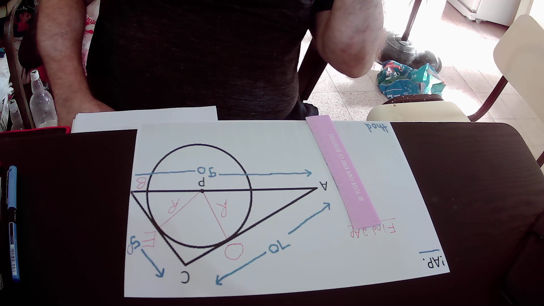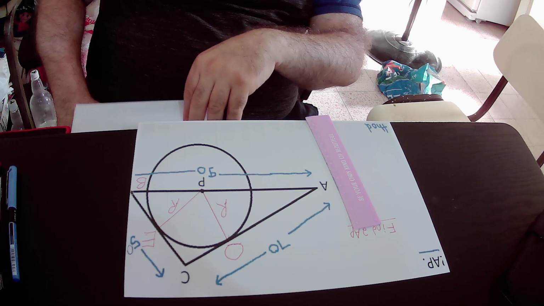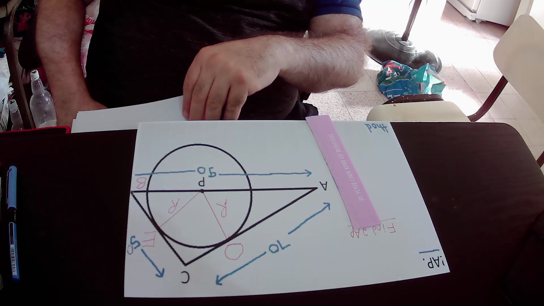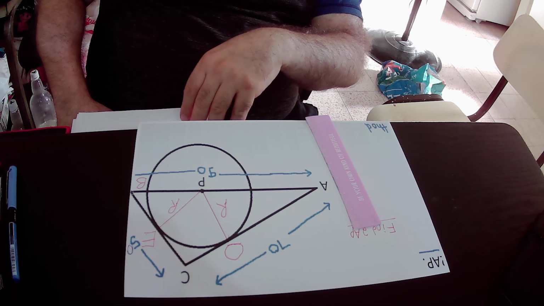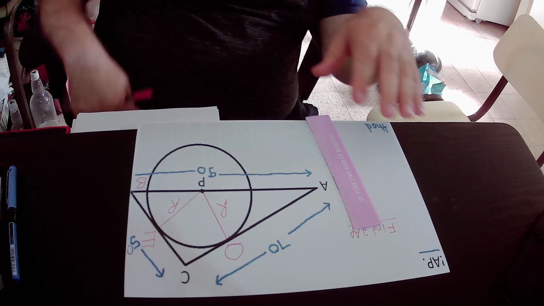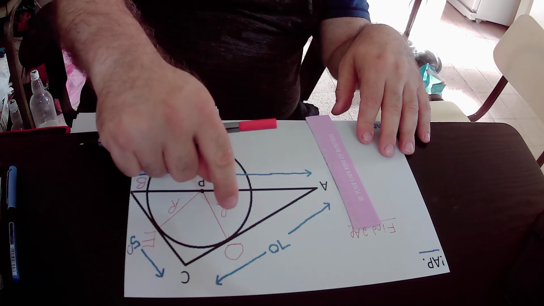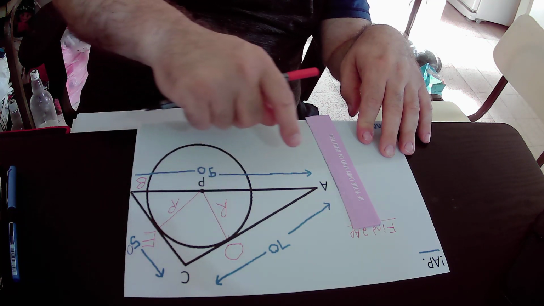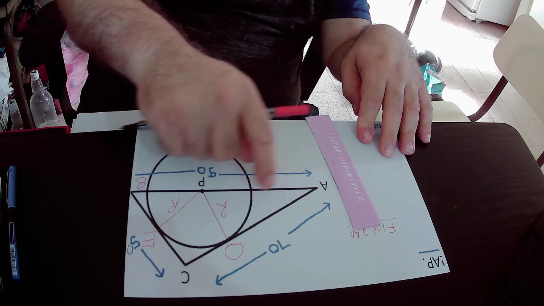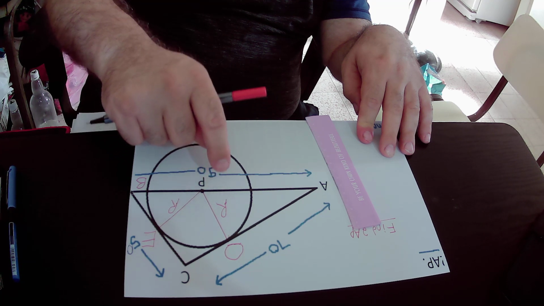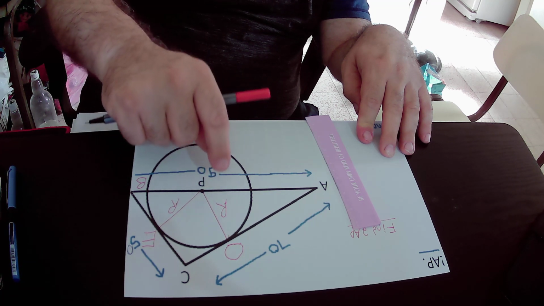And we actually have a rule that states that in any circle a radius and a tangent to that radius are perpendicular to each other.